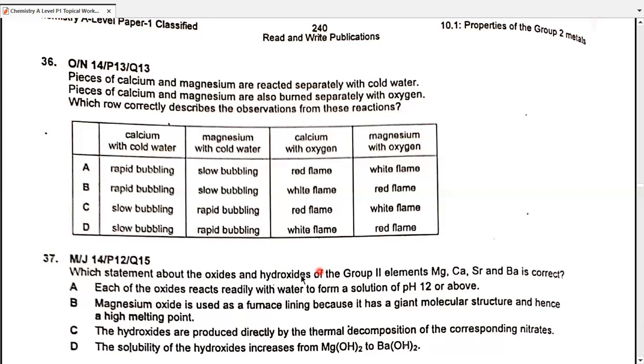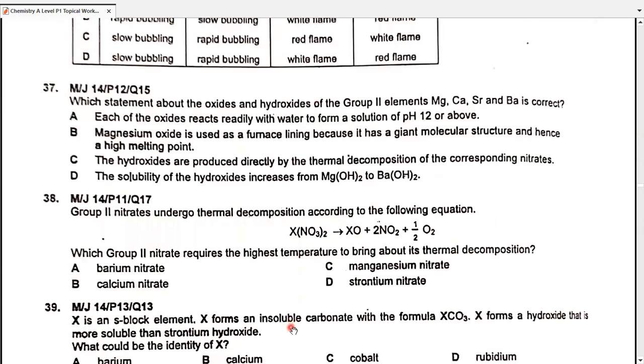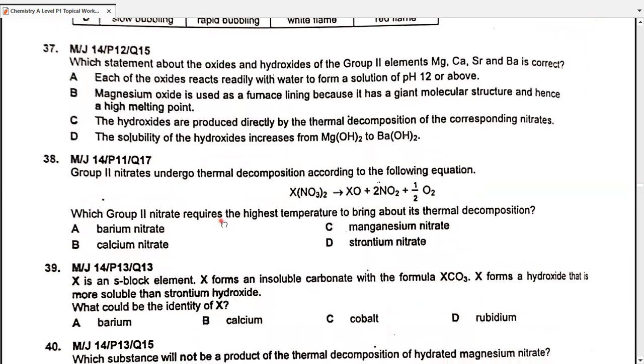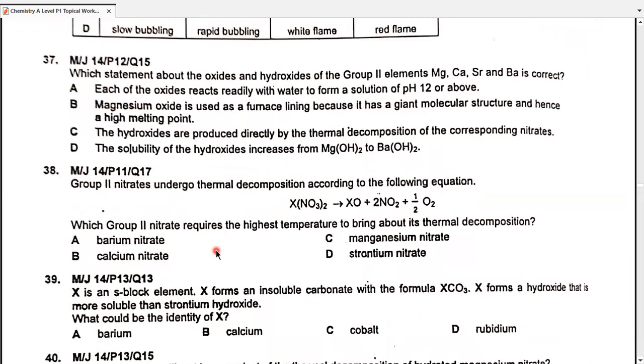Sorry. 37. Which statement about the oxides and hydroxides of group 2 elements is correct? Magnesium, calcium, strontium.